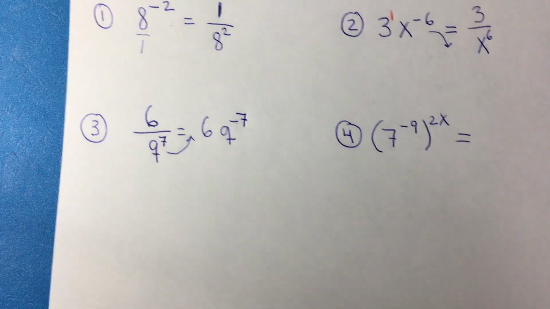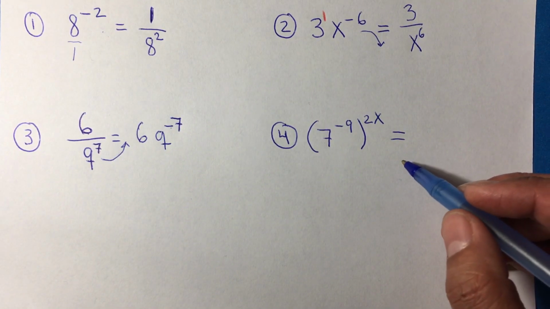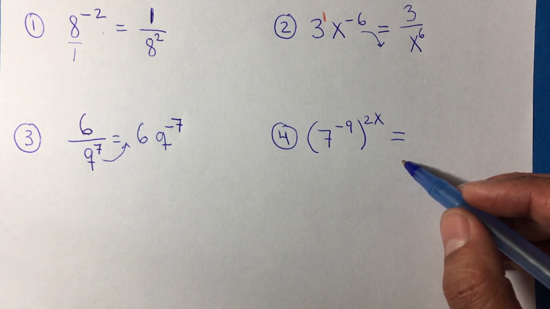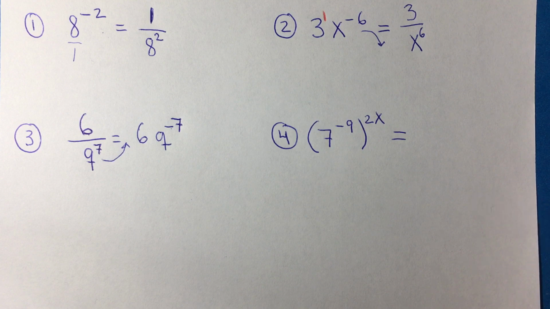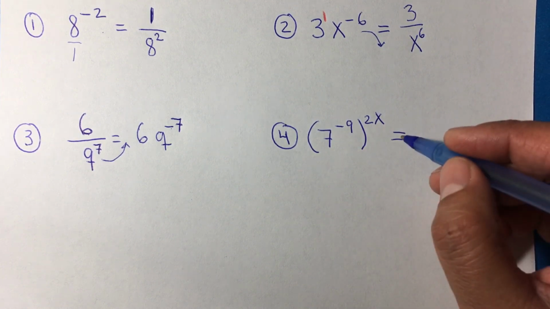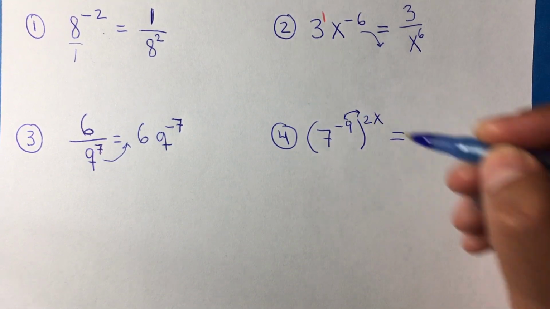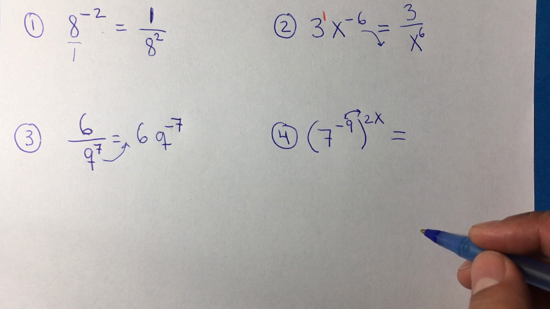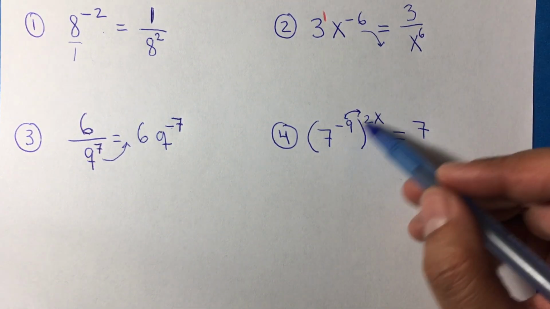Okay? Something else that we will need is something that we saw in the previous lesson and on the first lesson of this entire unit. At the end, you will have the entire unit around here, the link for that. Okay, so when we have something like this, remember that what we do is keep the base and multiply the exponents. Okay, keep the base, multiply the exponents.